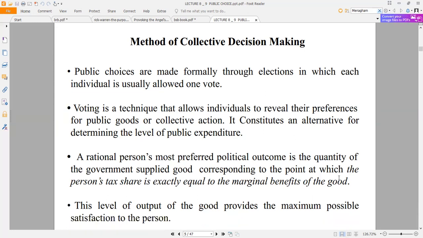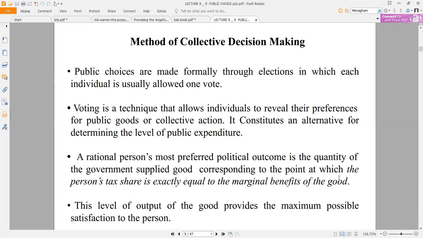Now, assuming you are a voter, and we assume the rationality of the voter, we try to reveal our preferences through the voting, as we just said. So what is going to be the voting outcome, what we call the political outcome? We want to produce a certain quantity of a public good.